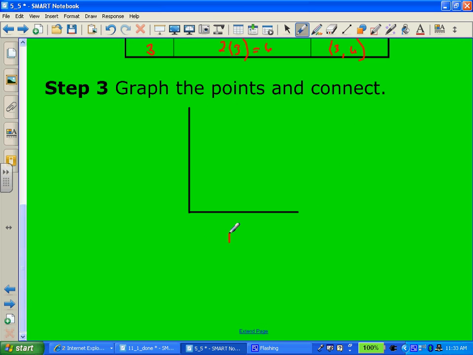And then I'm going to go ahead and graph the points. Now, of course, I'm going to label my axes because it's a story problem and I have to. So this is miles. 1, 2, 3, 4.